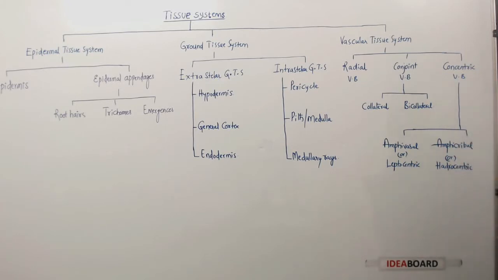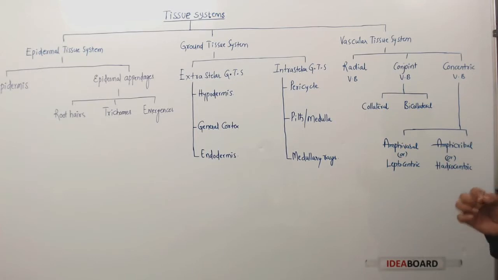These concentric vascular bundles are of two types: amphivasal or leptocentric, and amphicribal or hadrocentric. That means here the vascular bundles are arranged in the form of a ring, one surrounded by the other. Leptome is the other name of phloem, and centric means center. So when phloem is present in the center, surrounded by the xylem, that is called amphivasal or leptocentric.